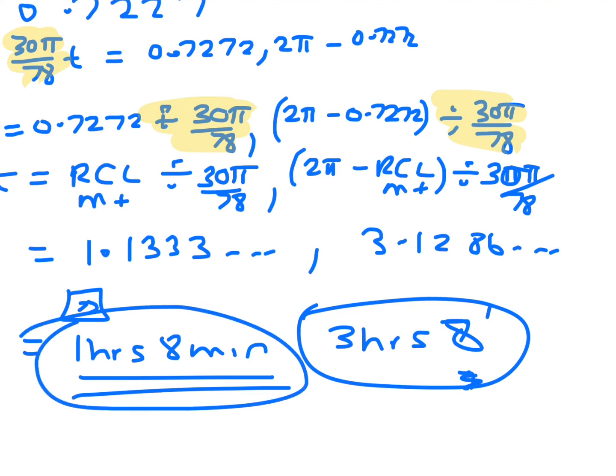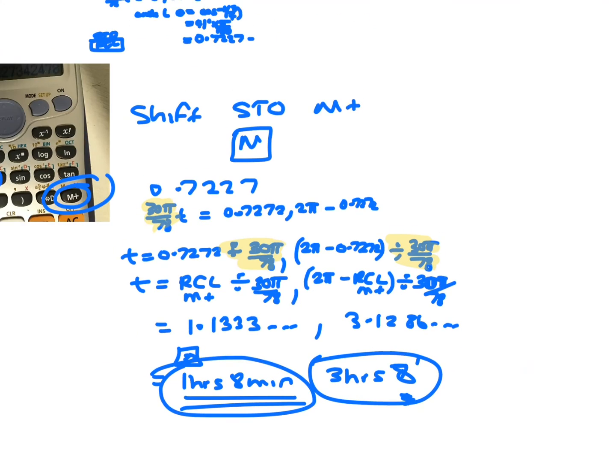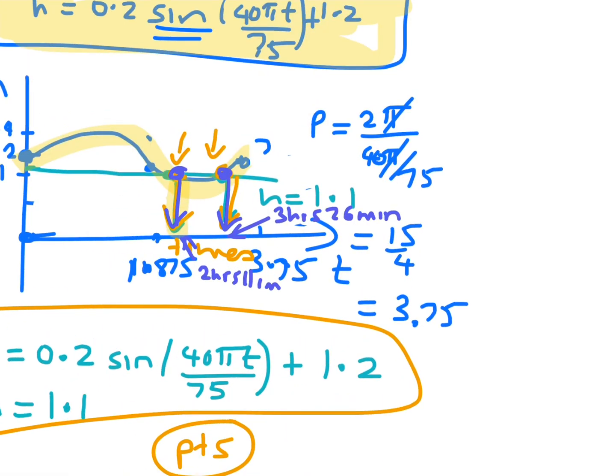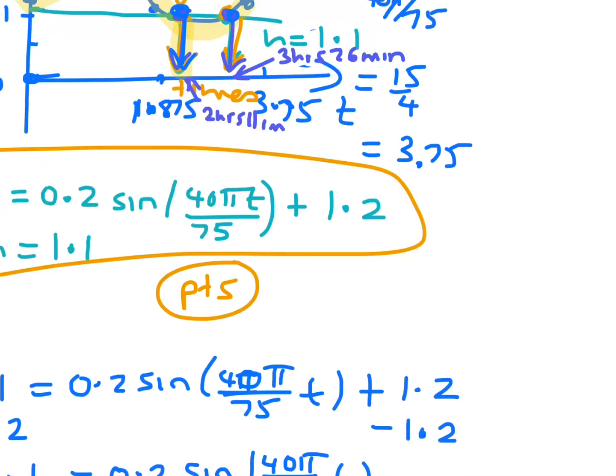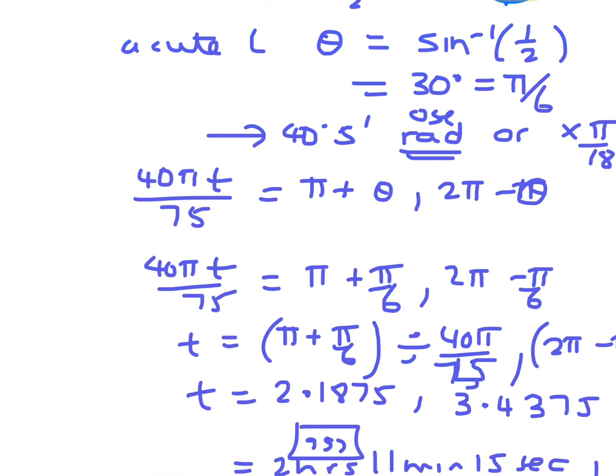So the significance of this to the graph, if you think about those two times, 1 hour 8 and 3 hours and 8, and if you go back up to your original graph, that would be the first point of intersection. Oh, sorry, that's a different graph. We get the right graph.